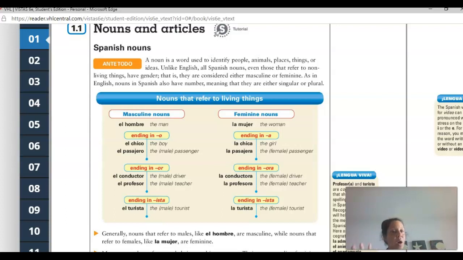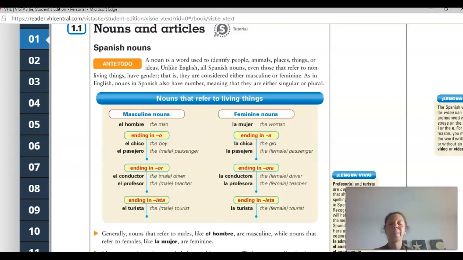So if my noun is, for example, you see the phone, a phone, ¿verdad? Then, teléfono, teléfono celular. In front of teléfono celular, we are going to see the article. And teléfono, because of the ending, is ending with an O, it's masculine. My article has to be masculine. So it will be el teléfono.